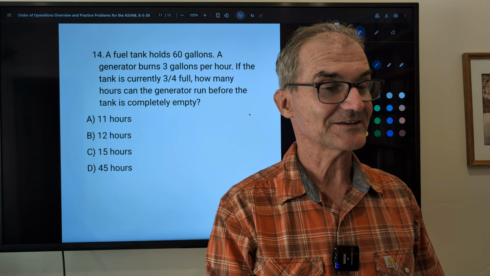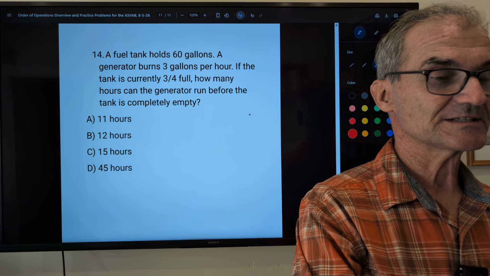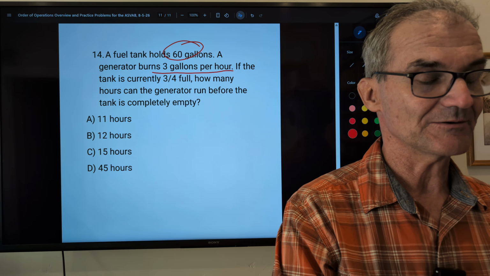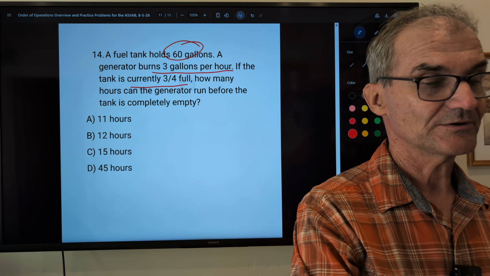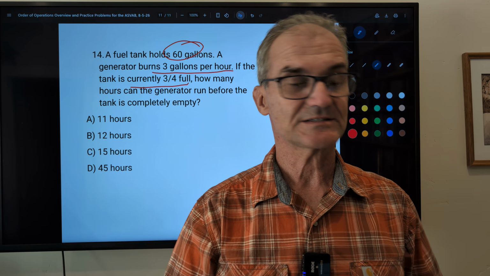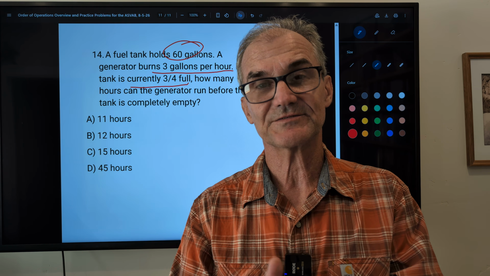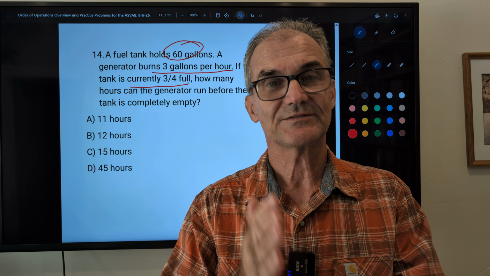And then here's our last one right here. A fuel tank holds 60 gallons. A generator burns 3 gallons per hour. If the tank is currently 3/4 full, well, let's say we find 3/4 of 60 to start with. Quarters are easy. I'm going to cut that 60 in half to find a half. 30. Cut that 30 in half to find a quarter. 15.